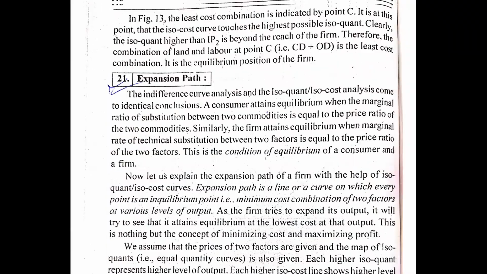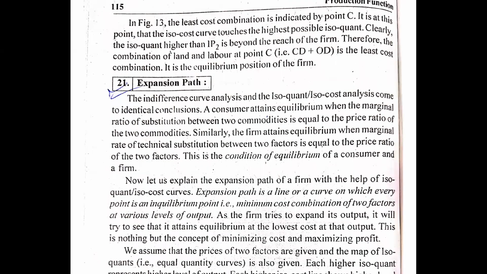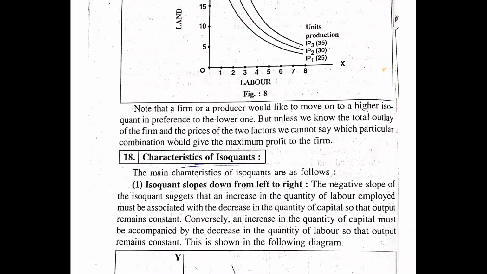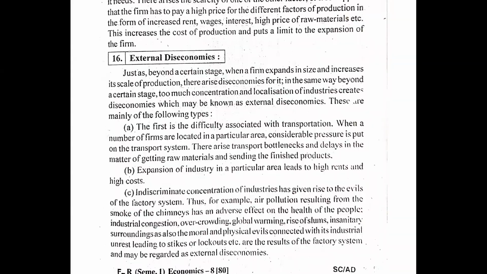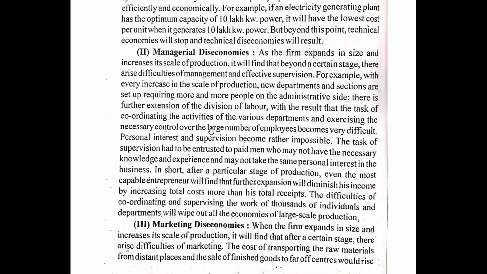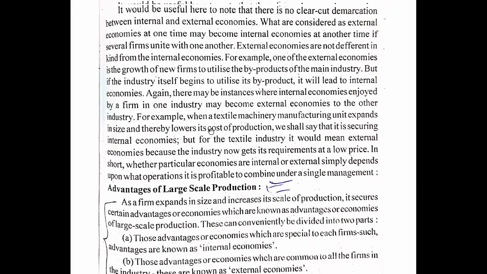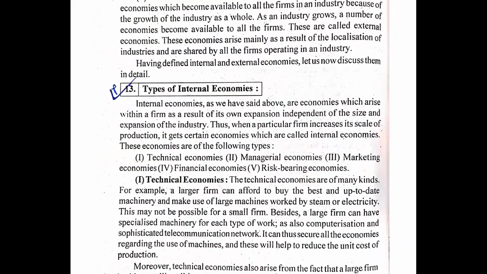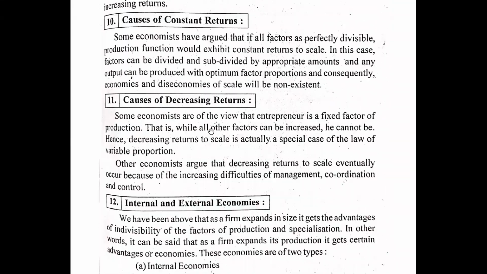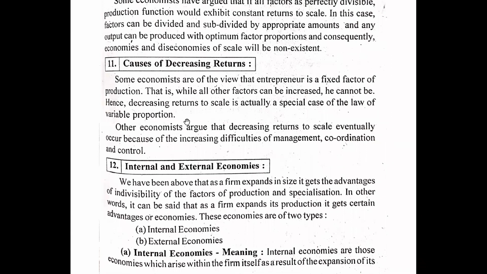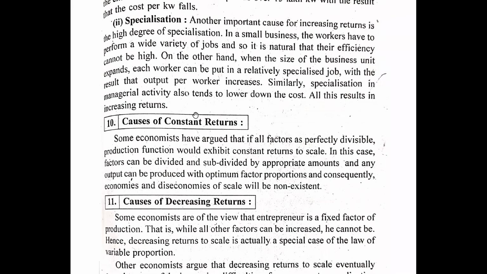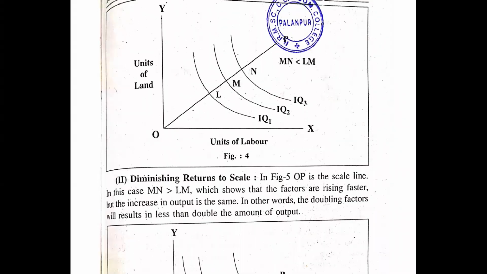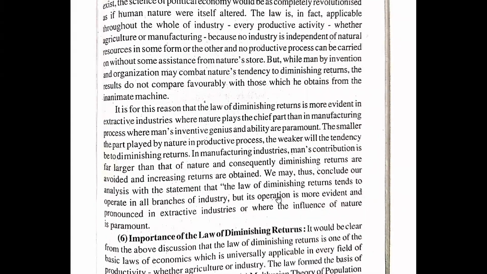First we discussed expansion path, characteristics of isoquants, isoquants, external diseconomies, internal diseconomies, types of external diseconomies, types of internal diseconomies, causes of decreasing returns, causes of constant returns, causes of increasing returns. Then returns to scale.